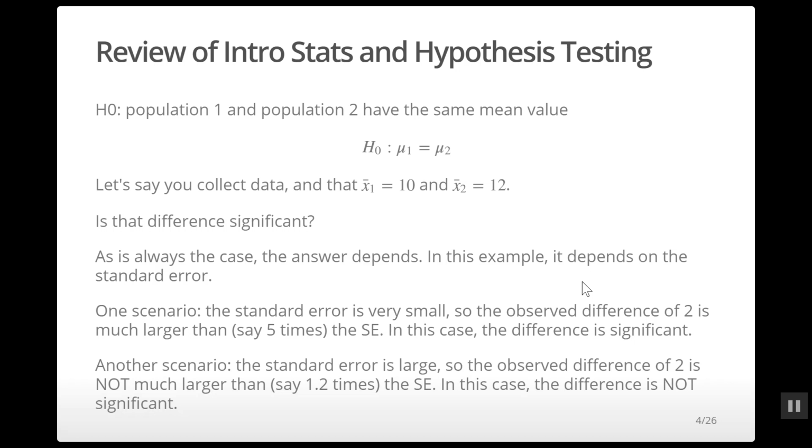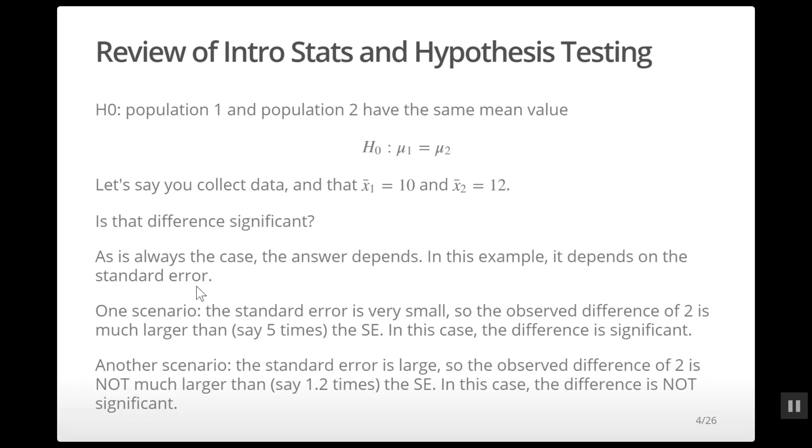So we want to know: is that difference of 2 large? Well, it depends on what the sampling distribution looks like and how much spread it has, or what the standard error of that sampling distribution is.